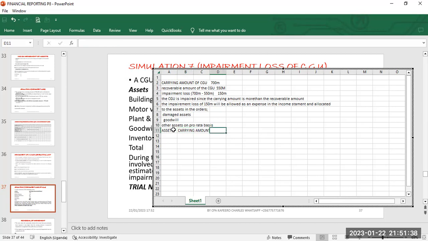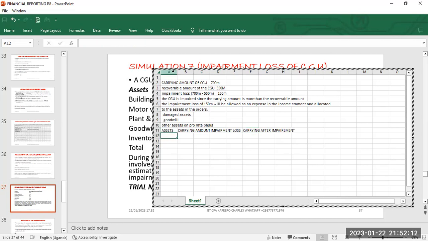The next one, we are going to have the impairment loss. Then we also look at the carrying amount after impairment. Meaning these are the figures we are going to take to our balance sheet.